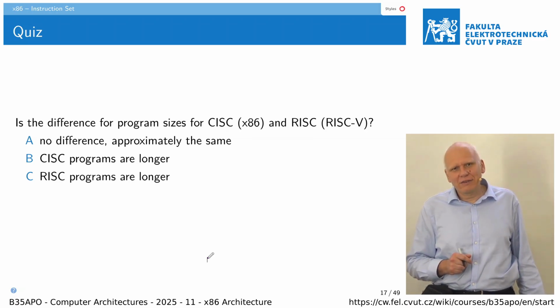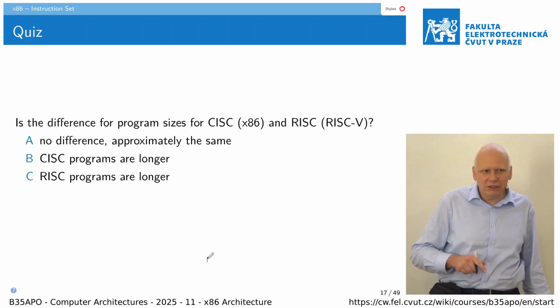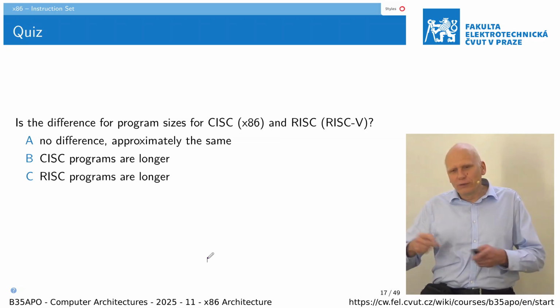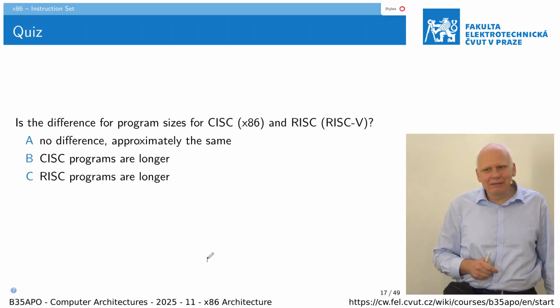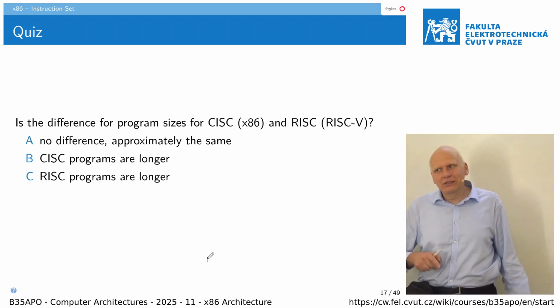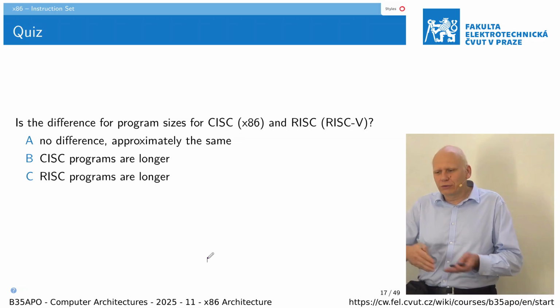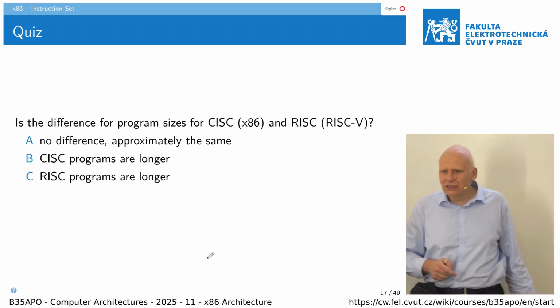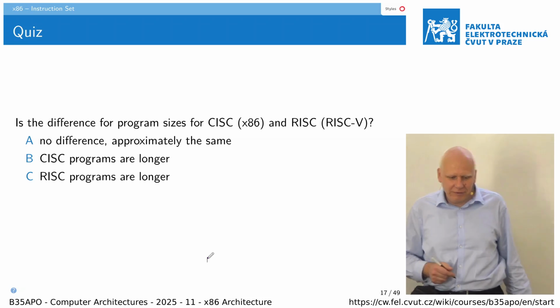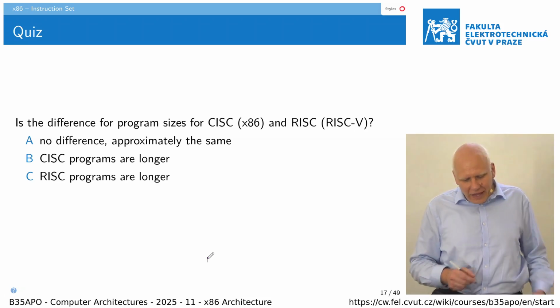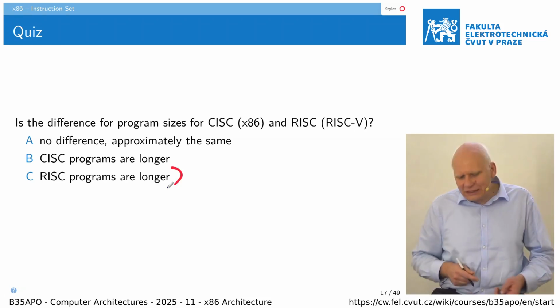And in RISC-V, you have much simpler instructions which cannot combine that offsetting and so on. So yes, it can seem that thanks to that complex addressing, which allows you to directly access a given location in some array of structures and so on, it can be shorter. And it is questionable.